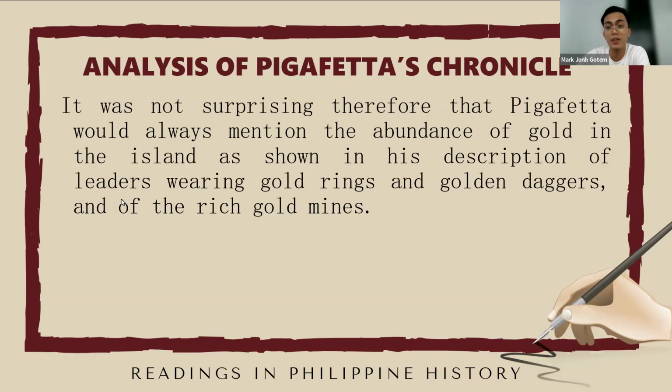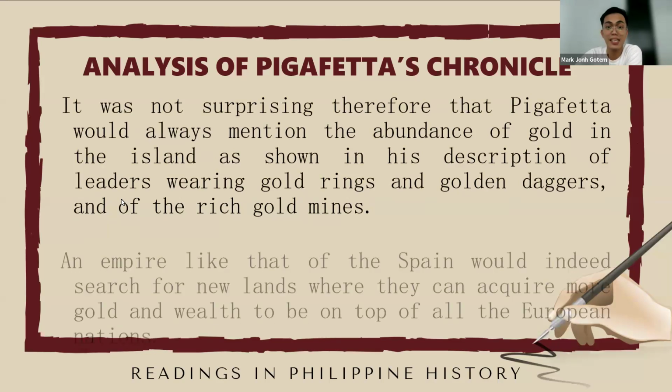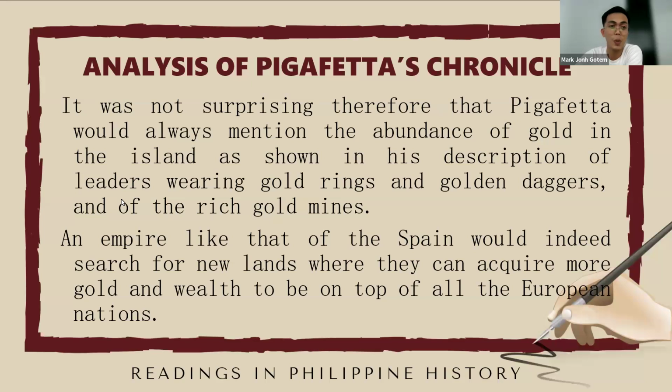Remember the scenario when they were in Butuan, the King of Balanghay, di ba? Raya Siagu and Raya Kolambu. And Pigafetta also mentioned that the kings were always wearing gold, and everything was made of gold.